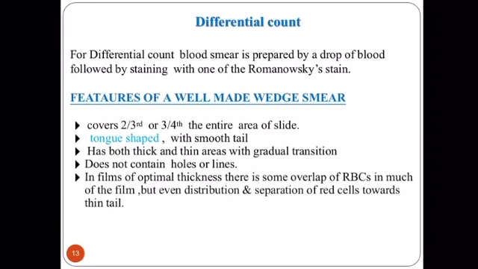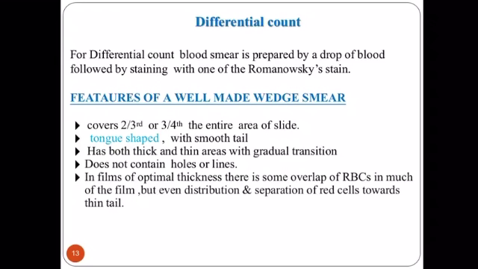Now, what are the features of the ideal smear? It should cover two-thirds or three-fourths of the entire slide. It should be tongue-shaped with a smooth tail and have both thick and thin areas with a gradual transition, and should not contain holes or any lines.